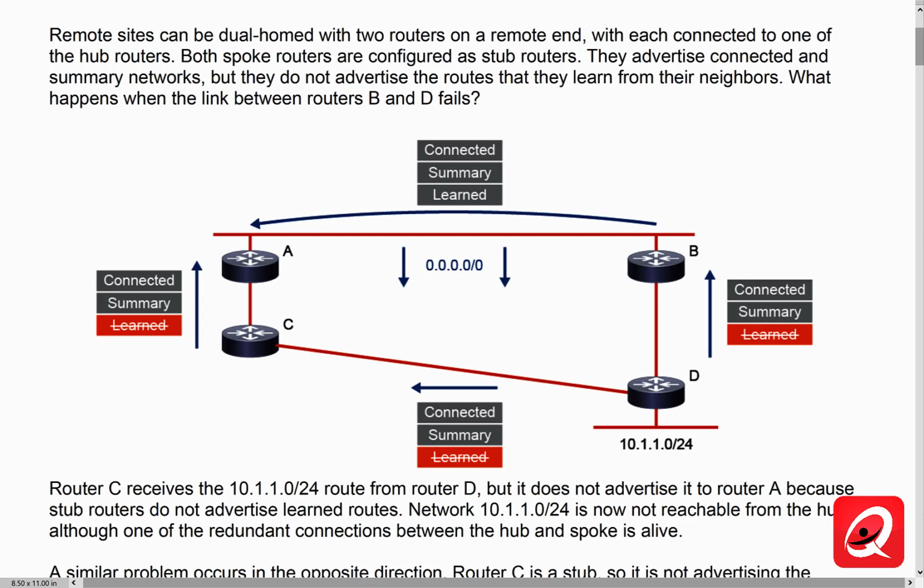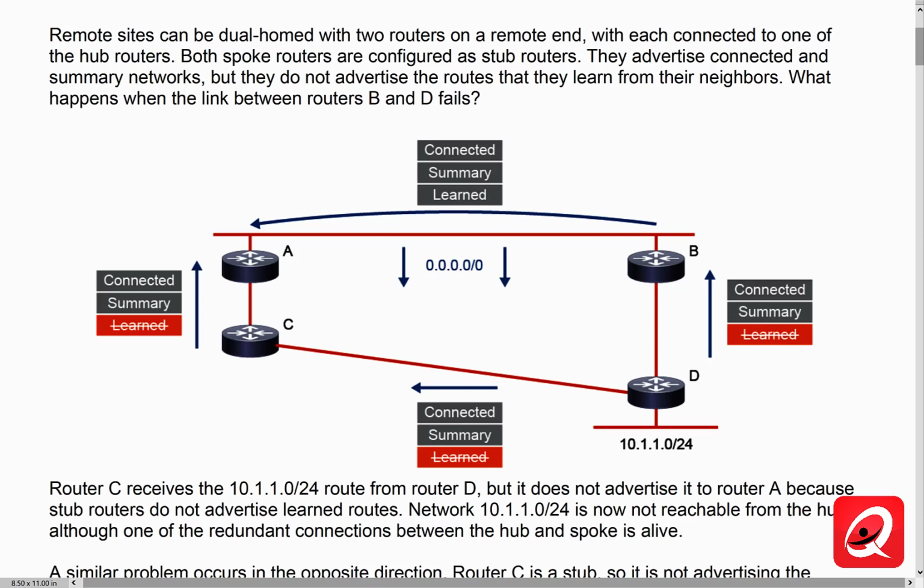We can actually configure the stub routing feature to do something called leaking. Stub leaking is where we set up a way of advertising the prefixes that we want to be leaked, whether we're using a prefix list or an access list or whatever it might be. We go in and say, okay, let's leak out the single route that we're learning.